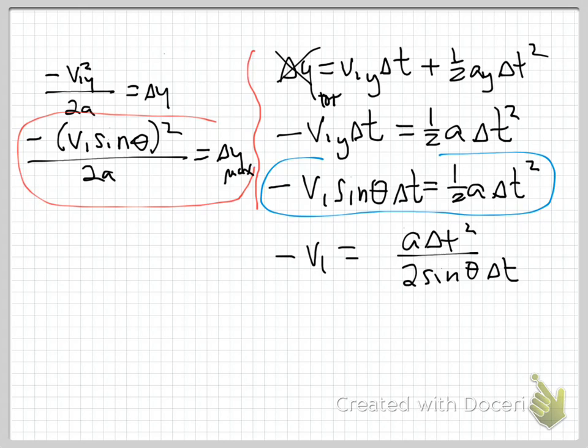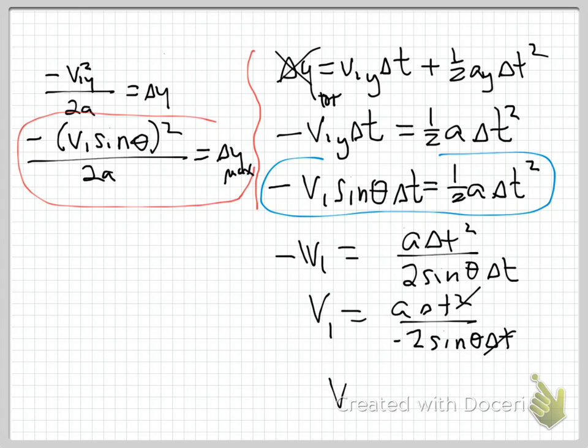And then we can actually call this a -1, that negative sign. And then we have VI equals a delta t squared over -2 sine theta delta t. Okay, which allows us to cancel out the squared. So we have VI equals a delta t over -2 sine theta.